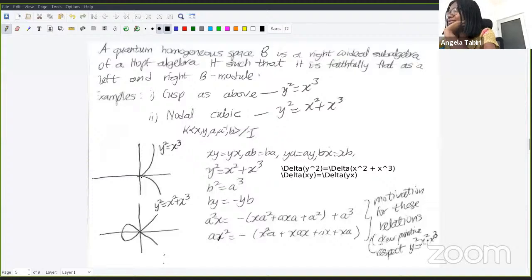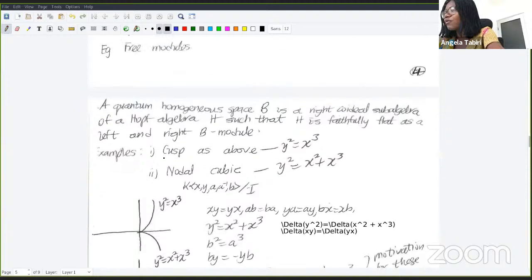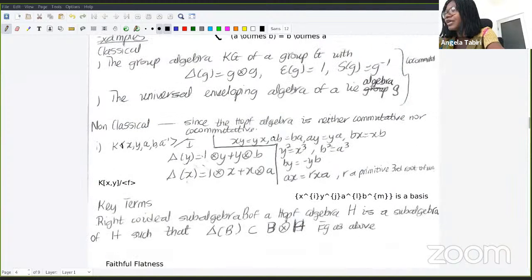How? By defining a Hopf algebra such that the coordinate ring of the cusp is a subalgebra, and the Hopf algebra is faithfully flat as a module over the coordinate ring of the cusp. The Hopf algebra structure he used to show this is the Hopf algebra example we gave here. If you look closely, the first line of relations are just commuting variables.